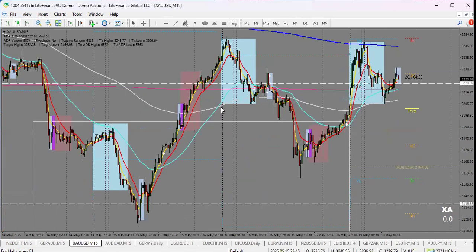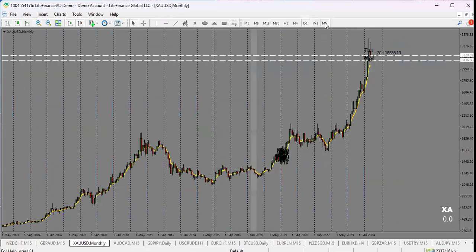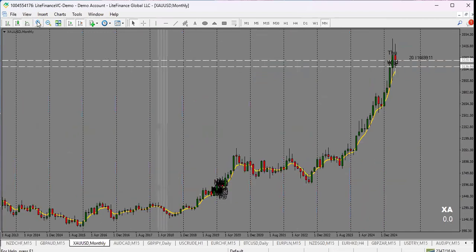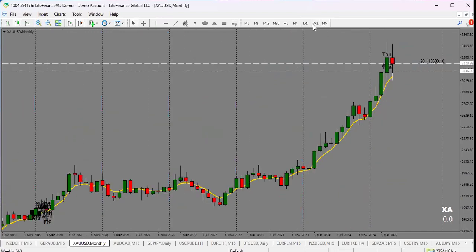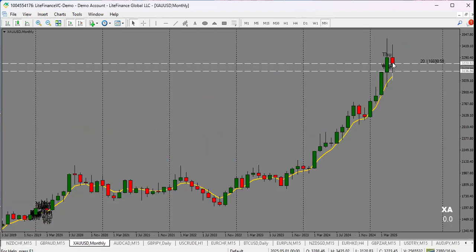So let us look at gold now. So I've also been following gold for some time now, and I am actually expecting for gold to form a support on the daily. You can see here, this is the weekly. When you look on the monthly, this is this month candle.